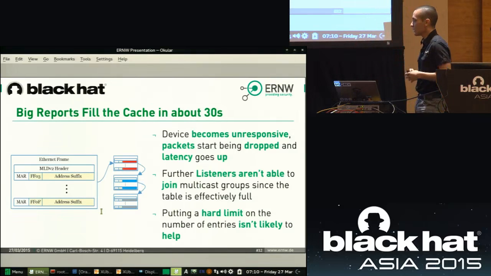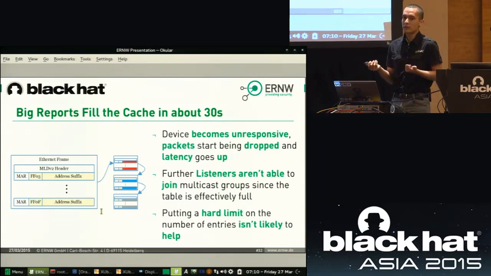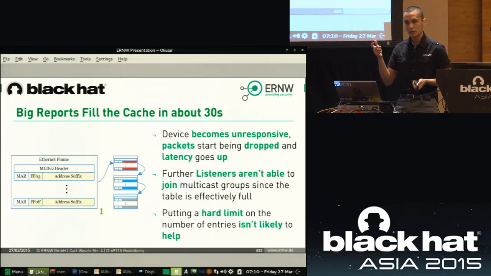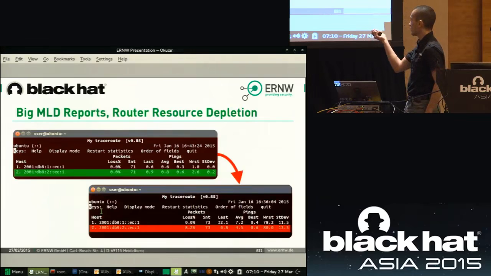And what happens when the router cannot cache any more multicast sources? The router becomes unresponsive and packet loss starts happening. We also get a sporadic switching off of the Ethernet interfaces and so on. As we can see in this screenshot, we go from 0% packet loss to 8% packet loss.